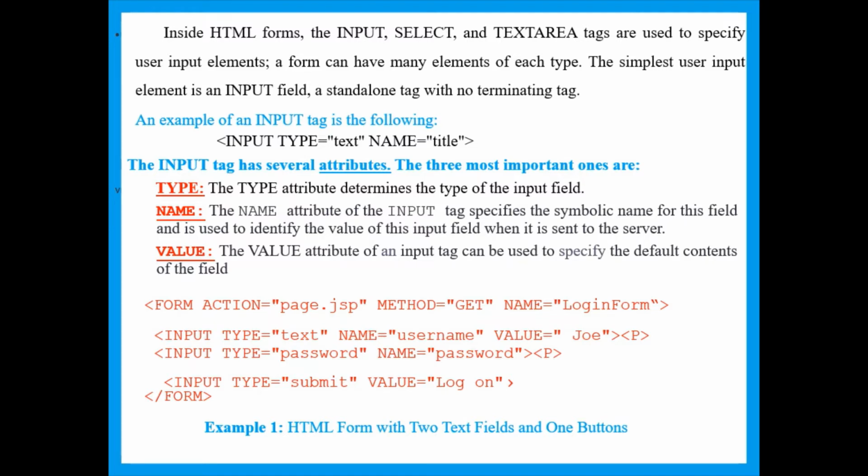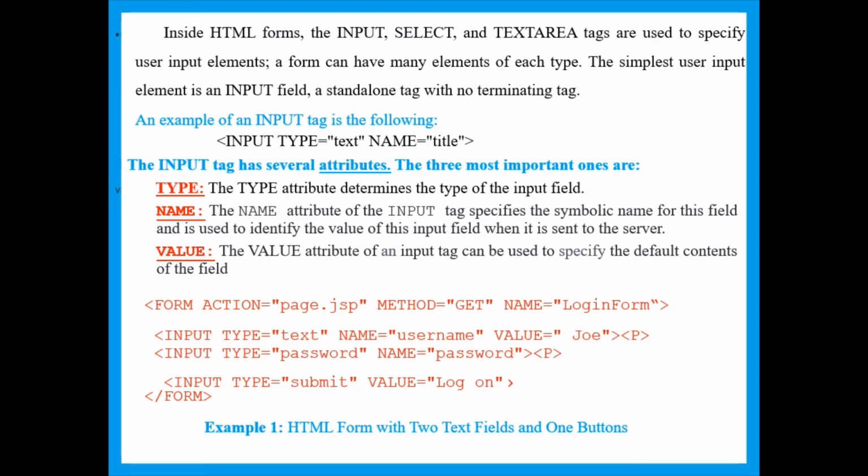Let us see an example of the input tag. input type equals "text", name equals "title". This is an example where the web page has been designed with only one text field, named title.